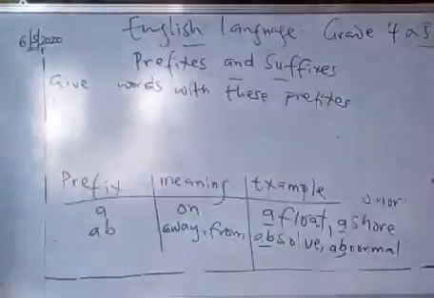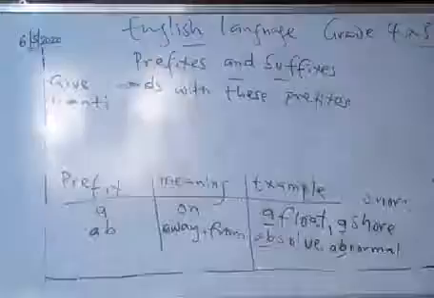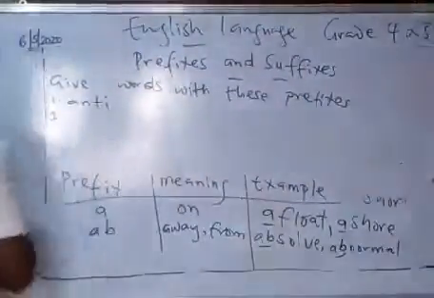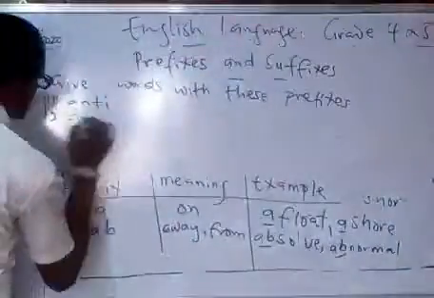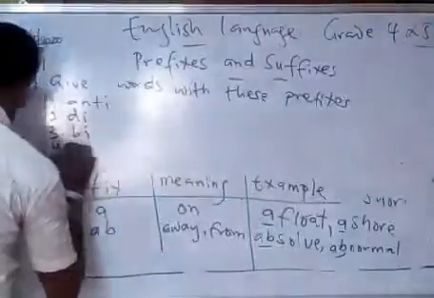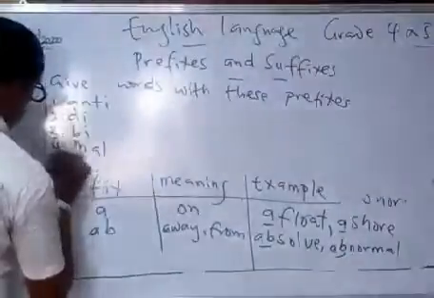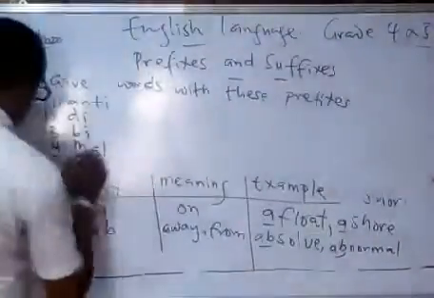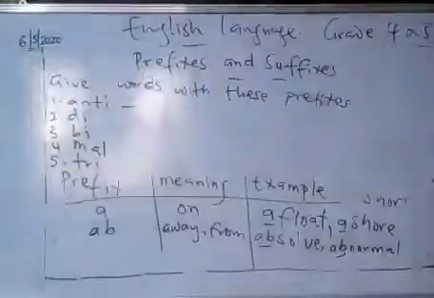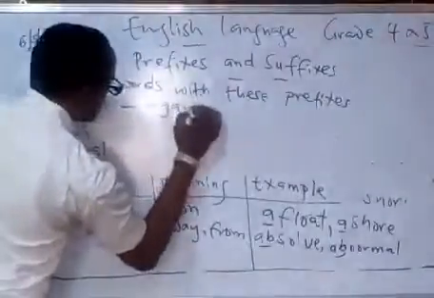Number one, anti. Number two, di. Number three, bi. Number four, mal. And number five, tri. Now, this word anti means against.